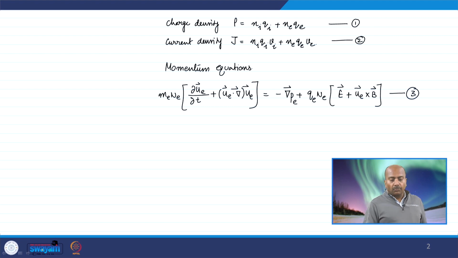What do you see here? Ue is the electron velocity, and Pe is the pressure gradient in the number of electrons, only within the electron fluid.